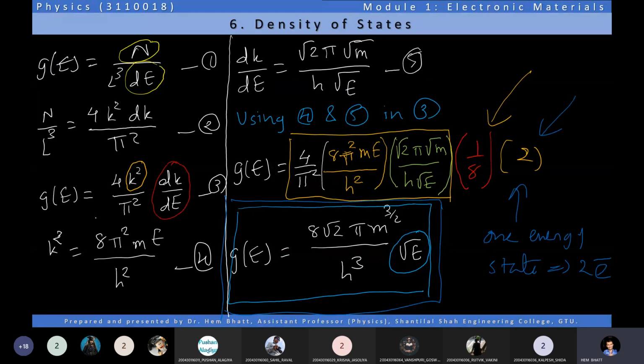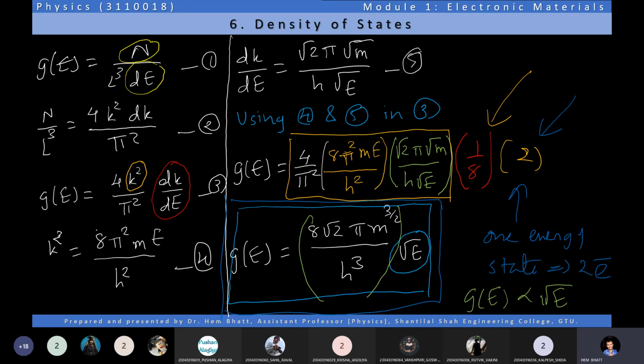See, this whole thing is constant, right? So g of e is proportional to root e. એ નીચે ડિનોમિનેટર નથી, ટૂંકમાં મલ્ટિપ્લિકેશનમાં. Okay, sir.